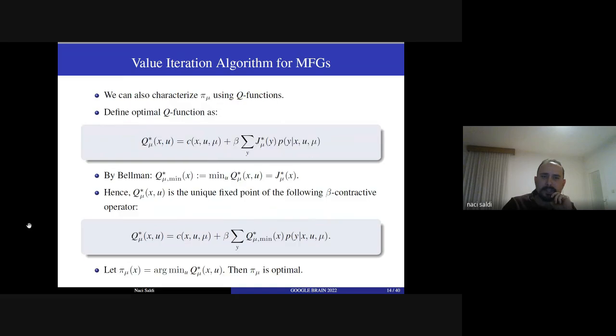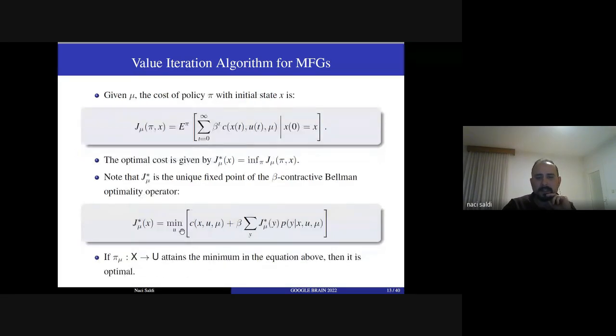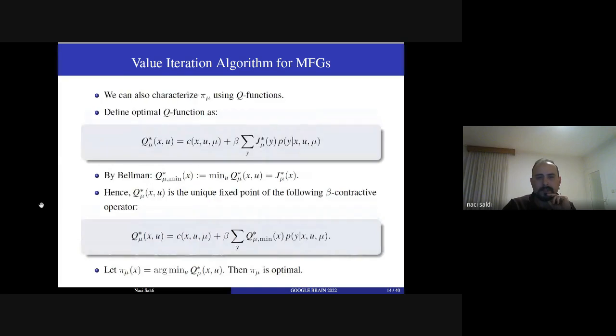We can also characterize the optimal policy for mu using Q functions. So if I define the optimal Q function like that, as you can see here, I removed the minimization operation in the Bellman optimality operator equation, and it gives me the optimal Q function. But using Bellman optimality equation, I can also derive that the minimum of this Q function is the optimal value function.